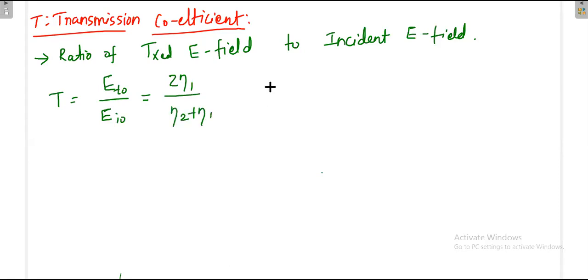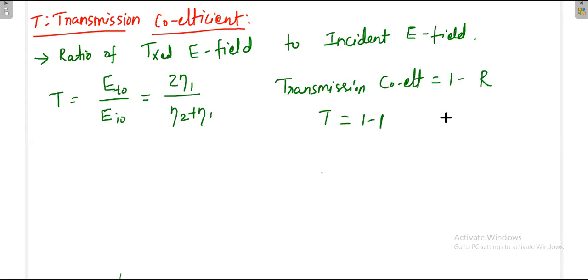In general, the transmission coefficient is equal to 1 minus the reflection coefficient, or otherwise, reflection coefficient plus transmission coefficient is equal to 1.